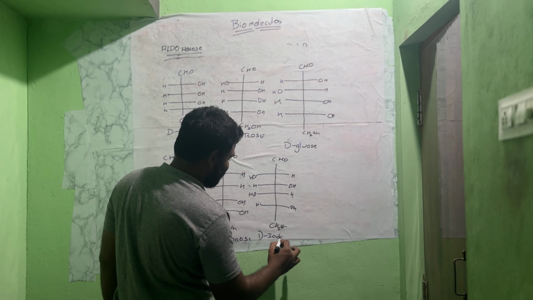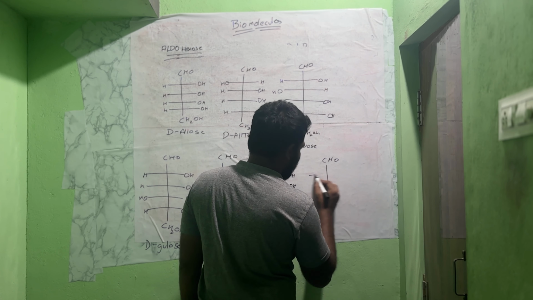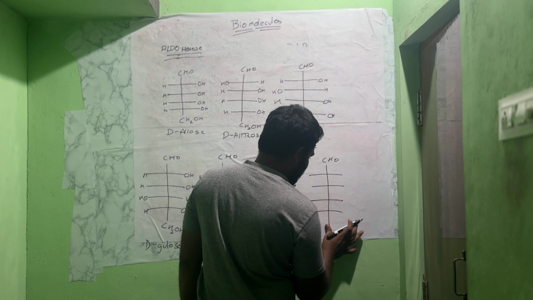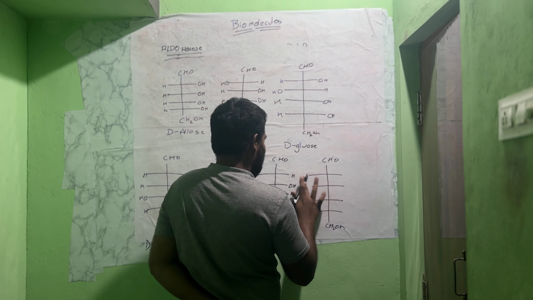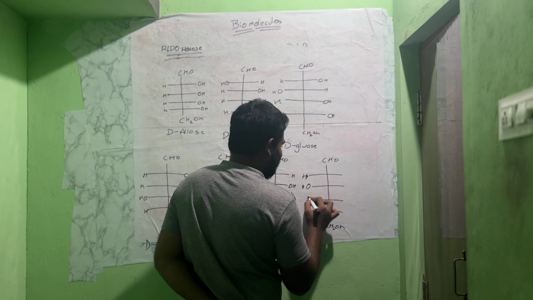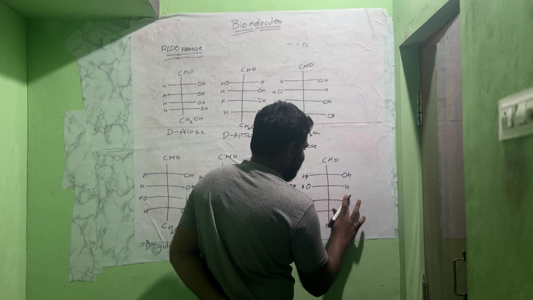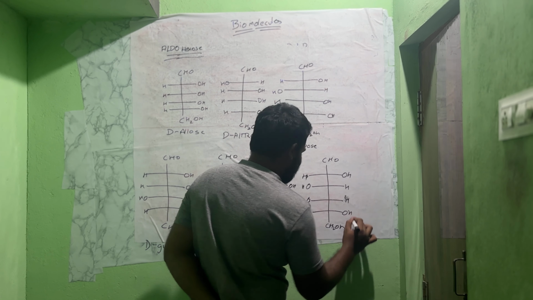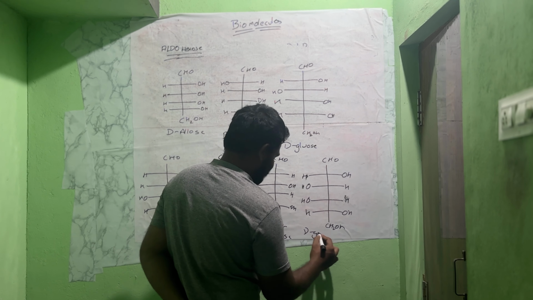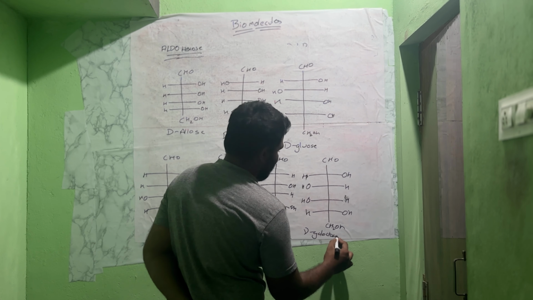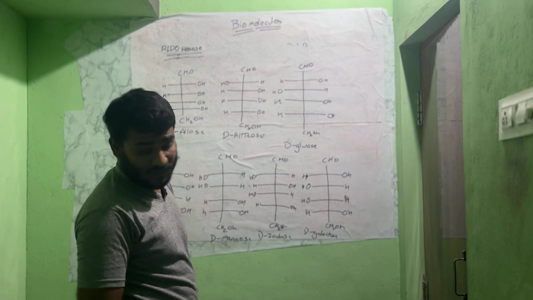If the third and fourth OHs are changed, it is known as D-galactose. Only one is remaining, that is D-talose.